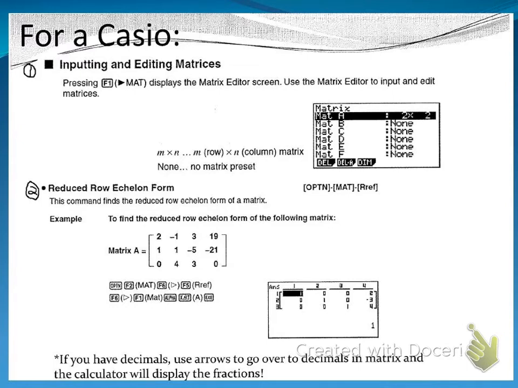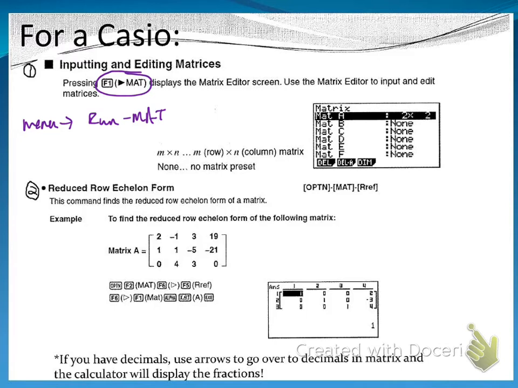So you have to go to Menu and then choose the Run MAT screen. Okay? And in that Run MAT screen, if you look at the bottom of that screen, you'll see that if you hit F1, that will send you to your matrix menu.